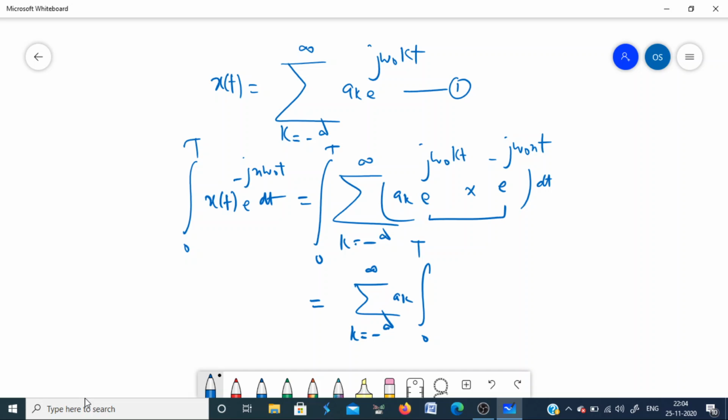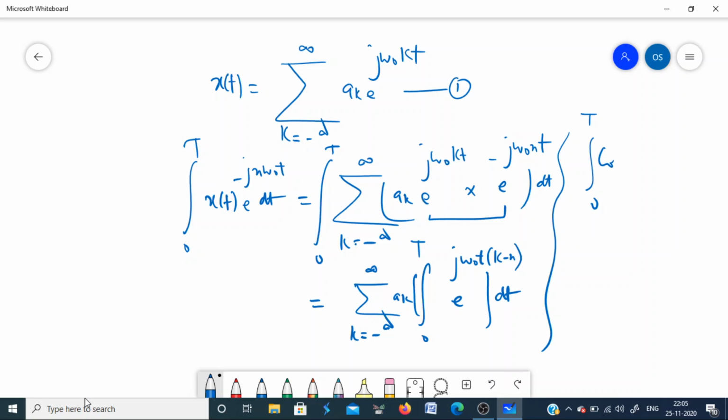In these two products, e raised to power j omega naught t is common, so I can take it as e raised to power j omega naught t (k minus n) dt. And this integration, this factor, is simply 0 to T. I can decompose it into cos and sine.